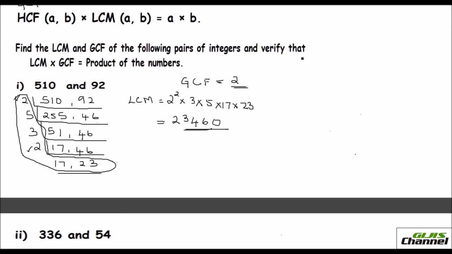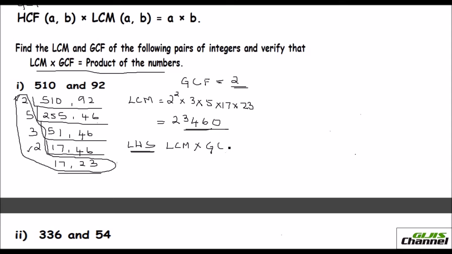Then you need to verify that the product of the LCM and GCF is equal to the product of the two numbers. So this one you need to prove. For proving that, I take it as LHS, the left hand side of the equation given, which is LCM times GCF.